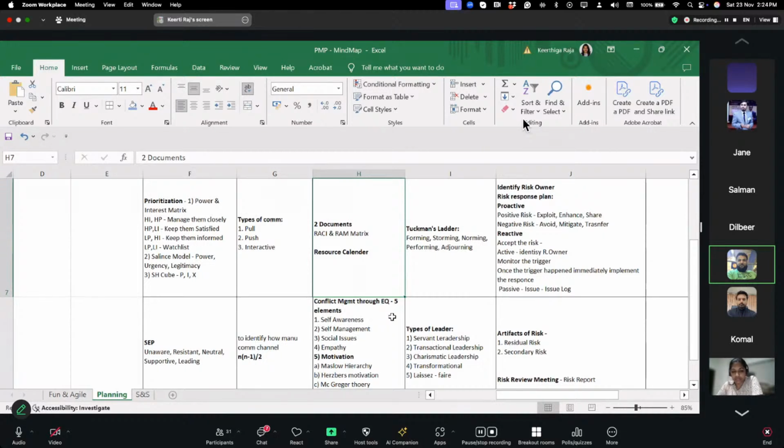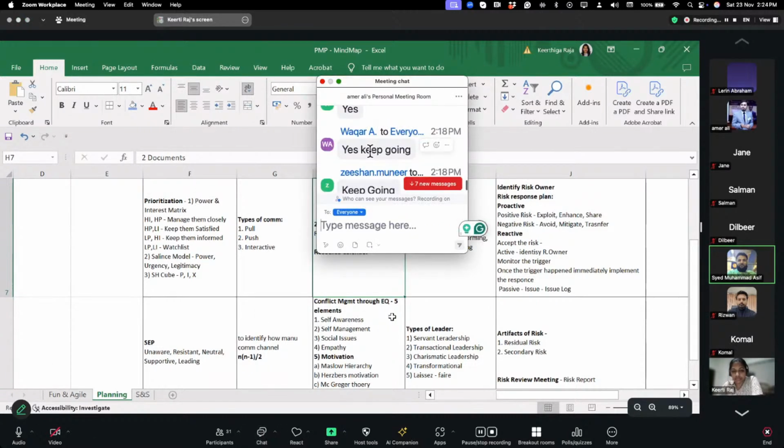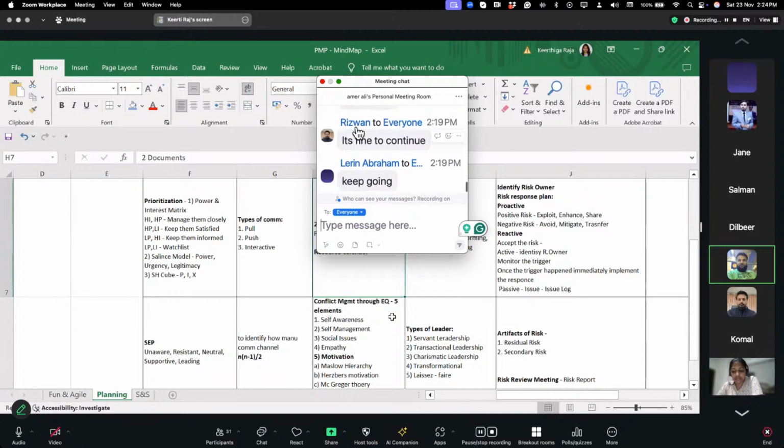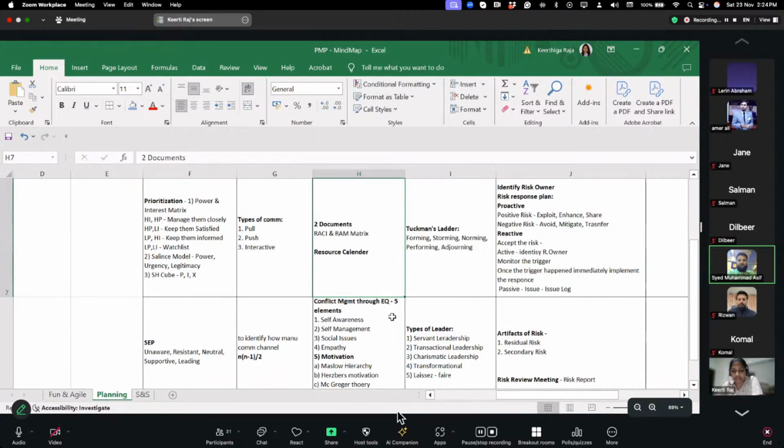If you have this information, you will be able to make a RACI chart, and based on that you will create a RAM matrix. Sorry, the RACI chart will help you make a RAM matrix. This RACI chart, responsible, accountable, consulted and informed, is used to create a responsibility assignment matrix. Then you have the resource calendar. The resource calendar tells you the availability of the resources that will be needed to determine the course of action for scheduling purposes.